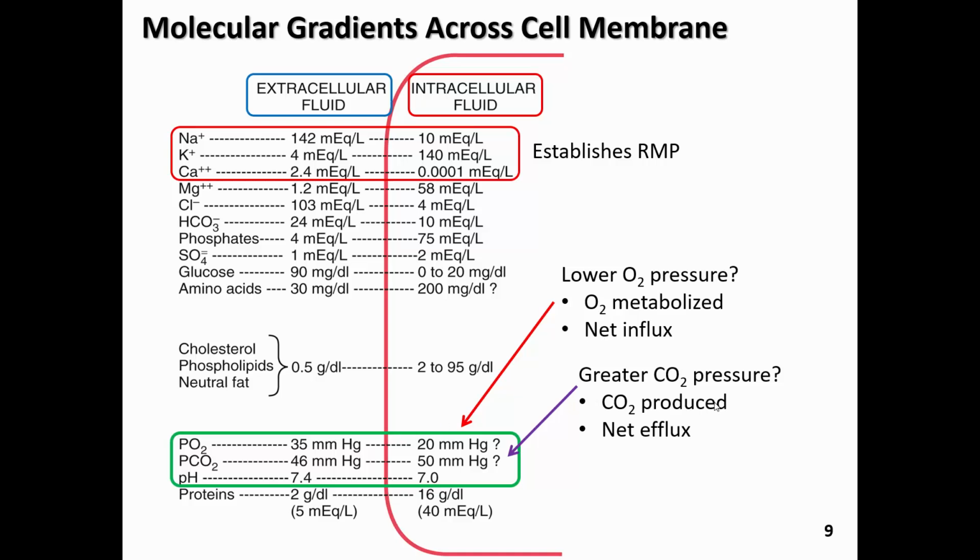In a similar manner, but in the opposite direction, there's a net efflux of carbon dioxide from the interior to the outside that is generated by the pressure. And we see that the interior of the cell is slightly acidic, indicated by the lower pH value, because the interior of the cell is the site for acid production.